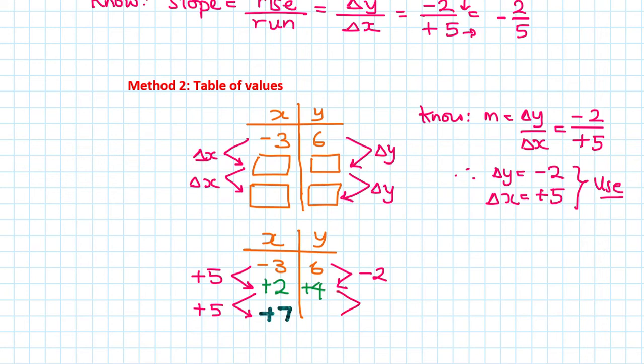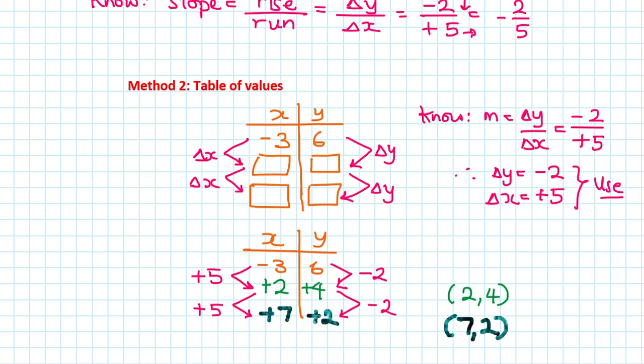We're going to add -2, and it means that we're going down, which means that it will be +4 minus 2, which will give us +2. So this as well is actually a great strategy to determine our 2 ordered points. The first ordered point is known to be (2, 4), and the second ordered pair is known to be (7, 2).